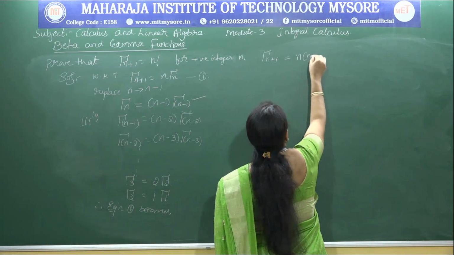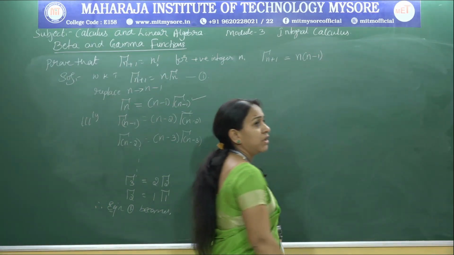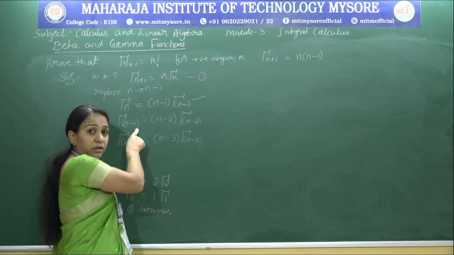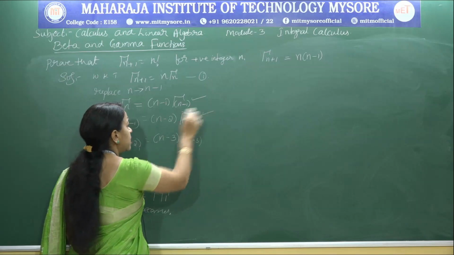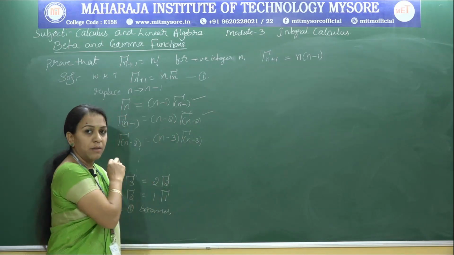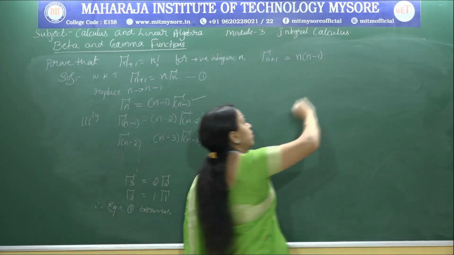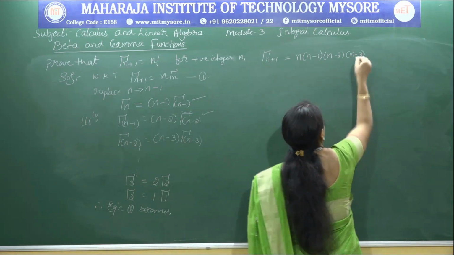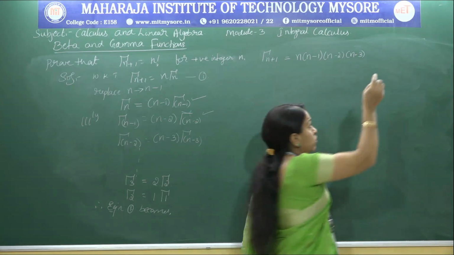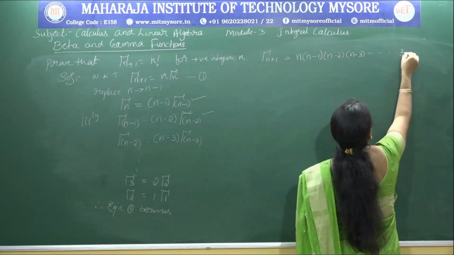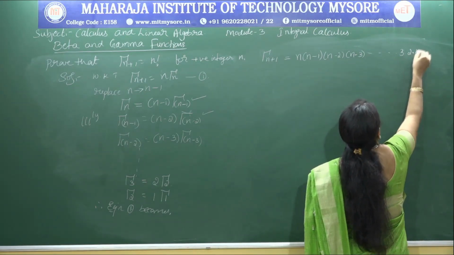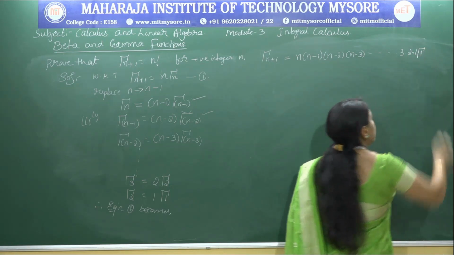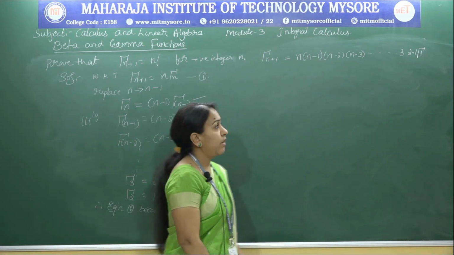I am not going to write gamma n minus 1 because I know gamma n minus 1 here. Gamma n minus 1 is n minus 2 into gamma n minus 2. So, n minus 2. Similarly, gamma n minus 2 is n minus 3 into gamma n minus 3 and so on. So, that I can continue up to 3 into 2 into 1 into gamma 1, right? Up to this I can write.